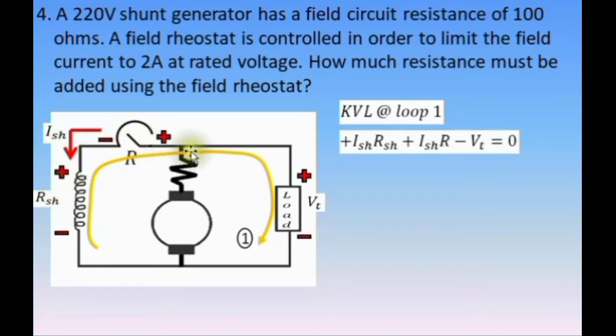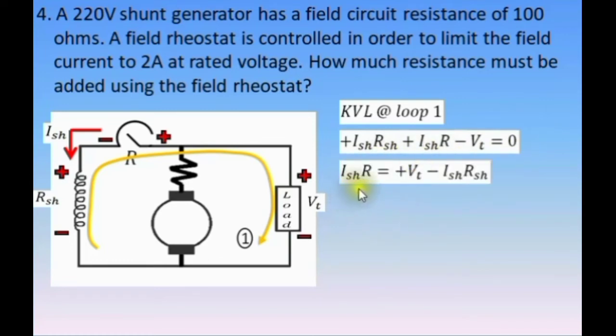So we have positive ISH times R, then minus the terminal voltage equals 0. Let's transpose ISH times RSH and negative VT to the other side of the equation, leaving ISH and R on this side.